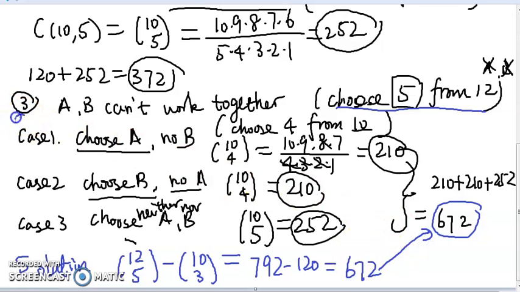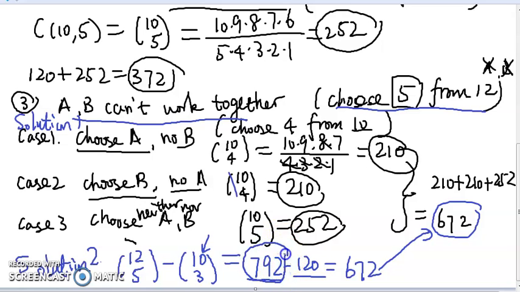So as you're comparing these two solutions, solution 1 is straightforward, just doing case by case: A, B cannot work together, so A, no B; B, no A; or no A, no B. But solution 2 is considering the opposite of A, B cannot be together. So instead of considering A, B not working together, I'm considering if A, B are together, how many ways? There are 120 ways. And then subtract it from the total number of ways.